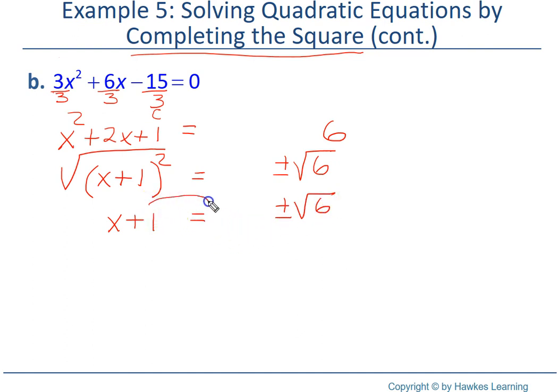I transpose the 1. Now it becomes a negative 1 on this side, and these are my answers. Now remember, they said you could write it this way as shorthand, or you write it separately.